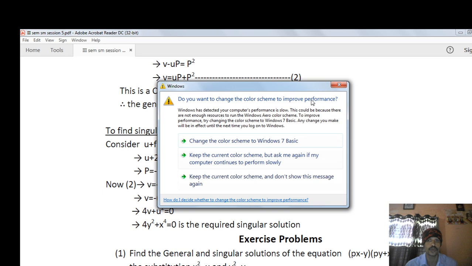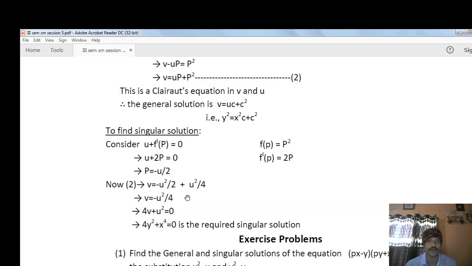U into U, U square, minus U square by 2, plus P is minus U by 2, and the square of this is positive of U square by 4. Now 4 is the LCM. Minus 2 is U square plus U square. It will be minus U square by 4. Or 4V plus U square is equal to 0.